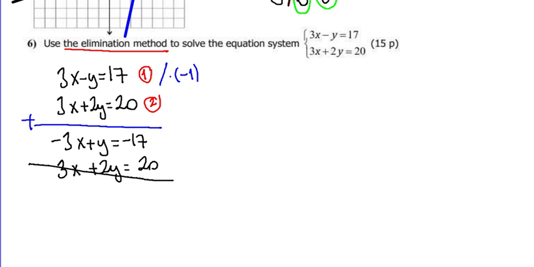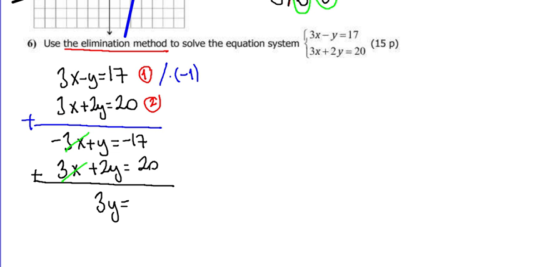If I add these equations, you see 3x and negative 3x cancel each other. I have y plus 2y, which is 3y on the left hand side, and on the right side negative 17 plus 20, which is 3.